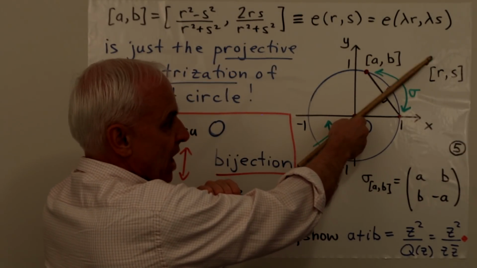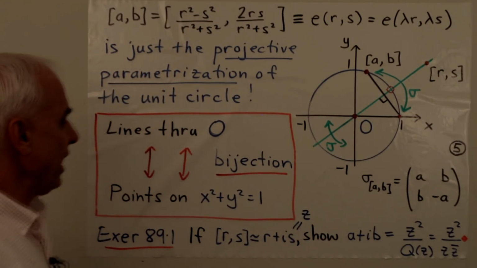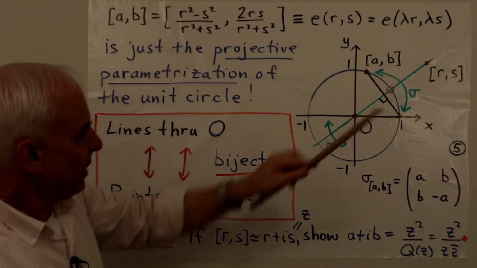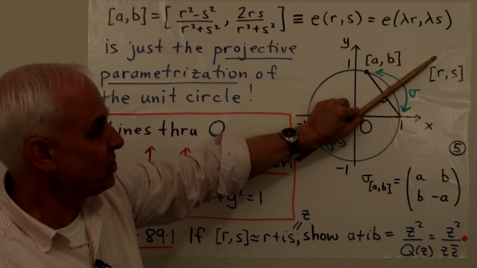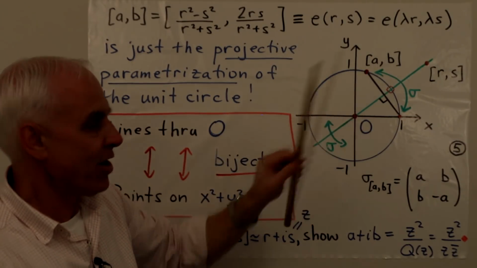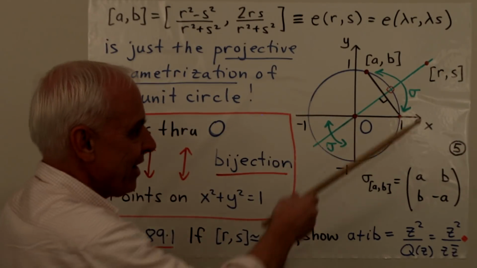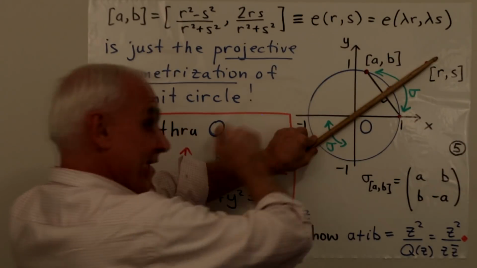So it's really only the line that's the input. And the output is we're getting this point A, B on the unit circle. So there's a correspondence between lines through the origin and points on the unit circle. But it's a relatively subtle one: given the line, you get the point by reflecting 1, 0 in that line.